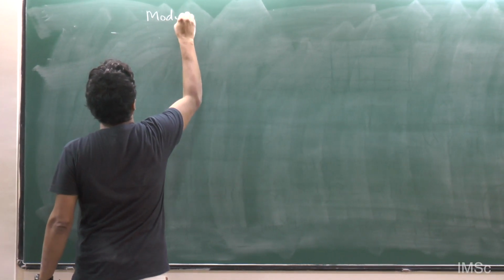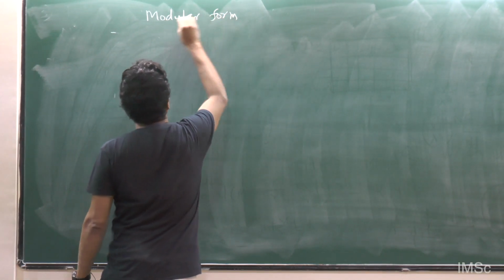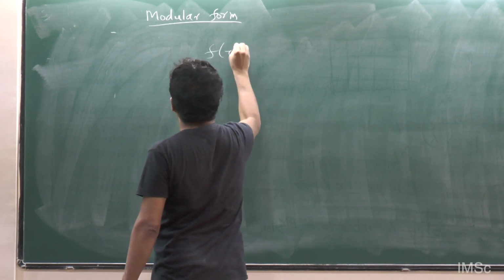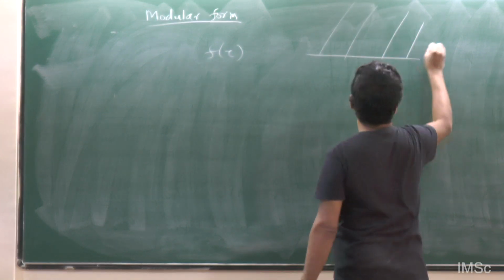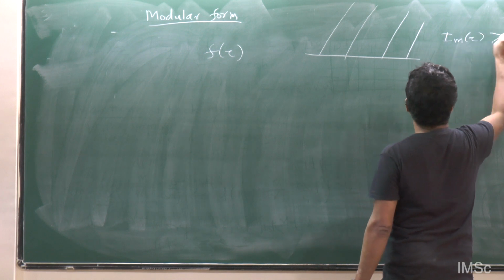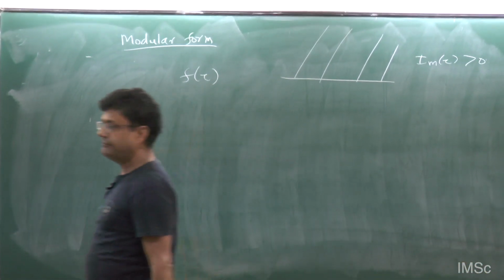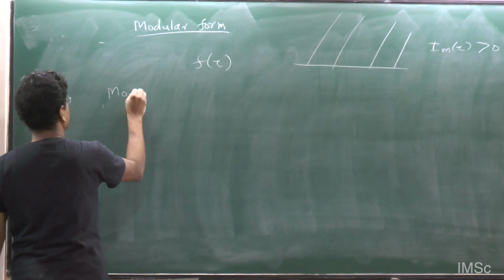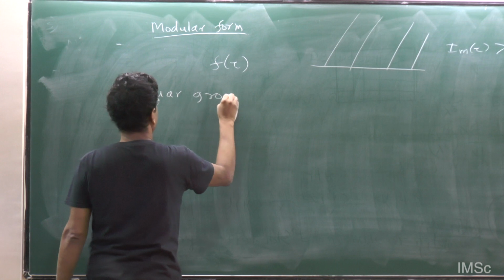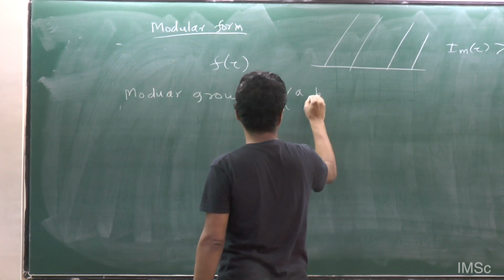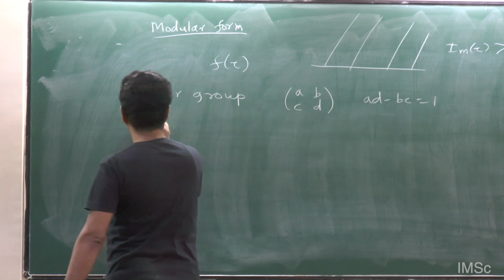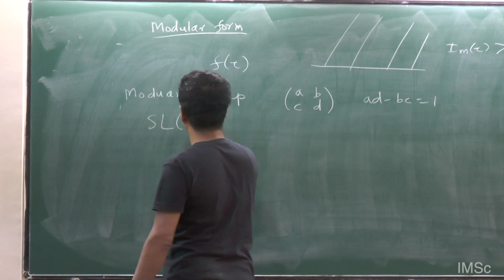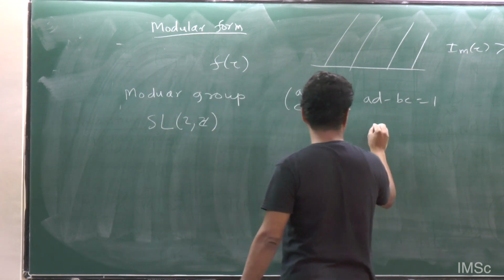Okay. So what is a modular form? It's a holomorphic function of tau, defined on the upper half plane, for which there is a modular group, which is basically SL(2,Z), two-dimensional matrices with integer coefficients.